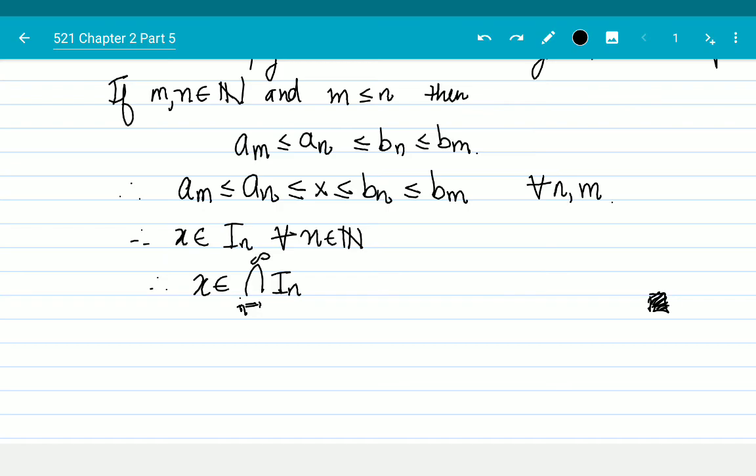Now, this is true for an interval in R^1. Let us try to show it for the analog of an interval in R^n. So, theorem 2.39. Let k be a positive integer.